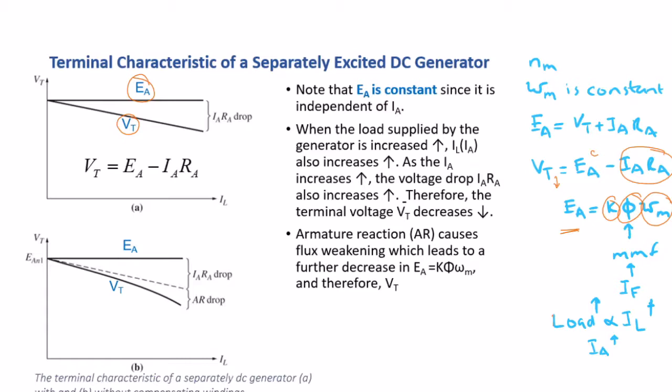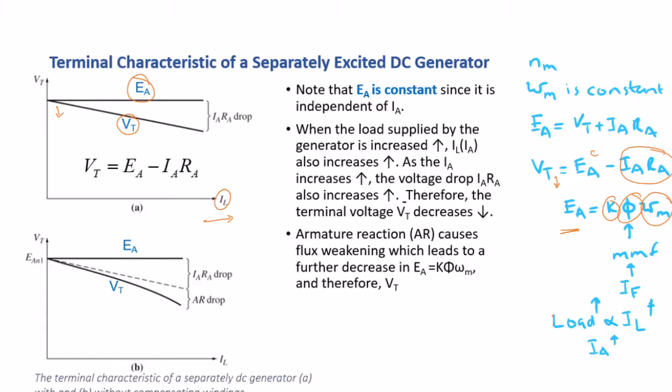So as IL is increased, Vt is coming down, and it's decreasing linearly, as you can see from the first plot, Plot A.